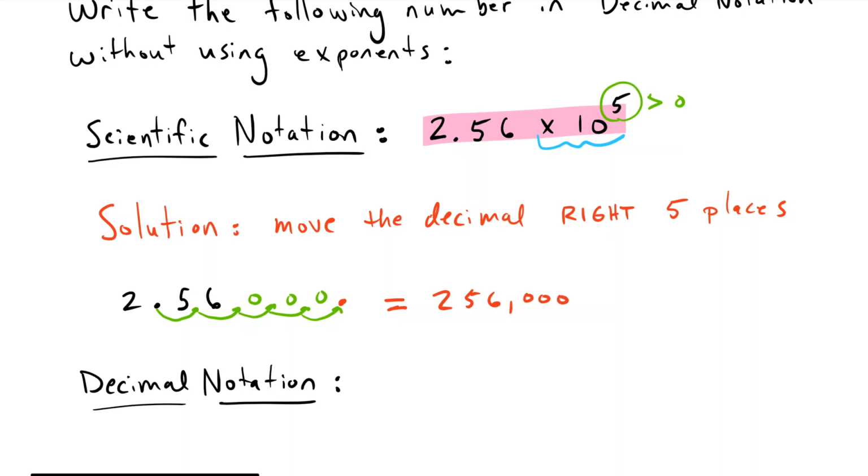So the decimal notation then is 256,000. And that's our answer.